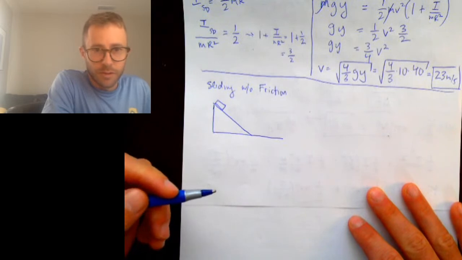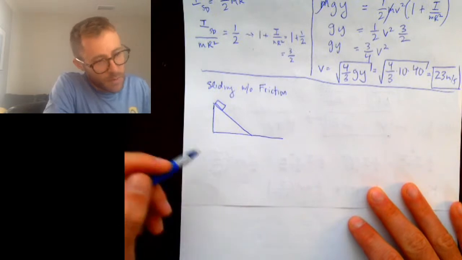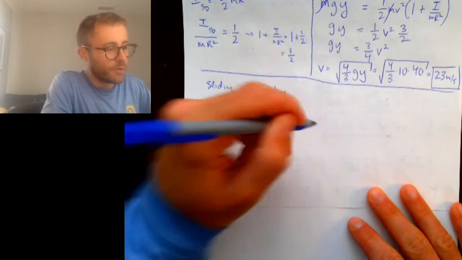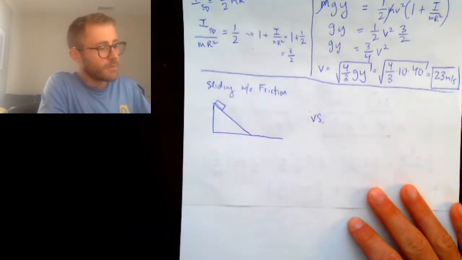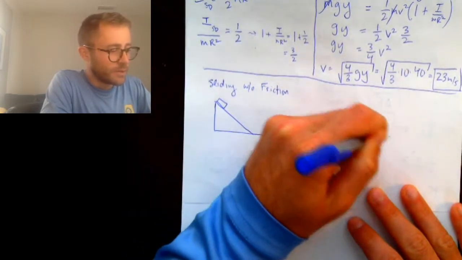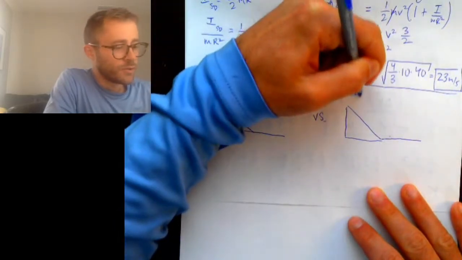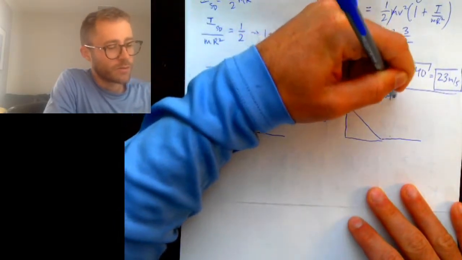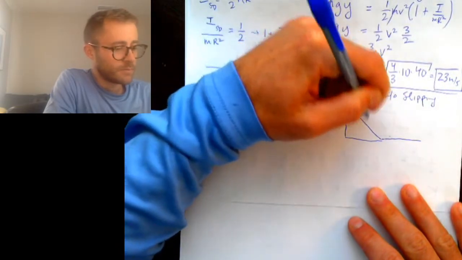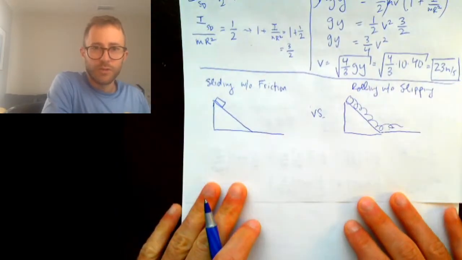Skier with really, really slippery, well-waxed skis, or a well-waxed snowboard, versus something that rolls down an identical hill. So versus rolling without slipping. Okay, and so the question is, which is faster?